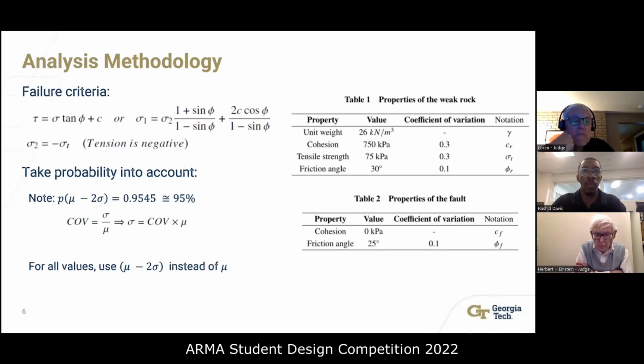To meet this requirement, with this coefficient of variation, the values will be changed from the mean.